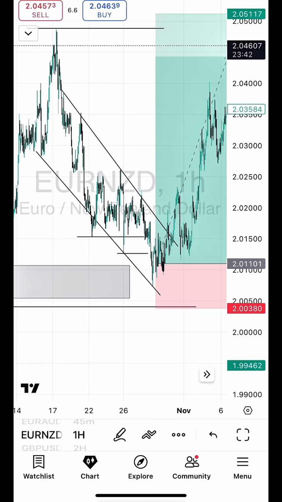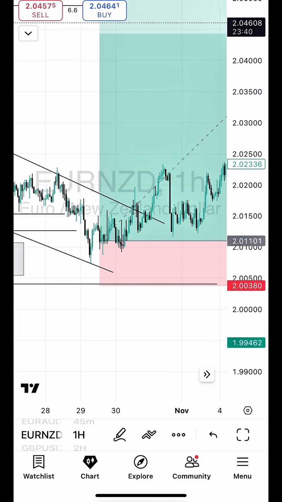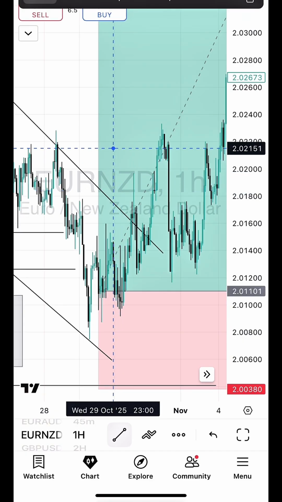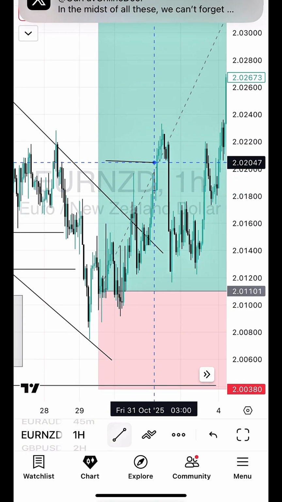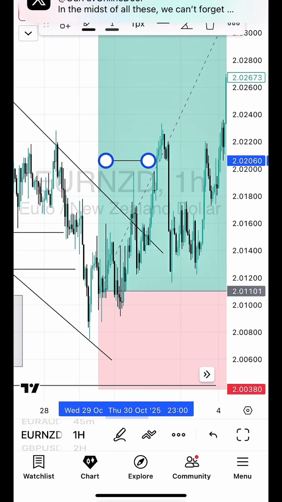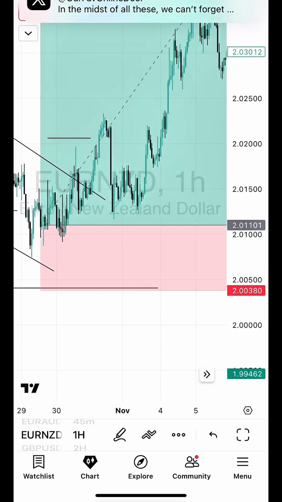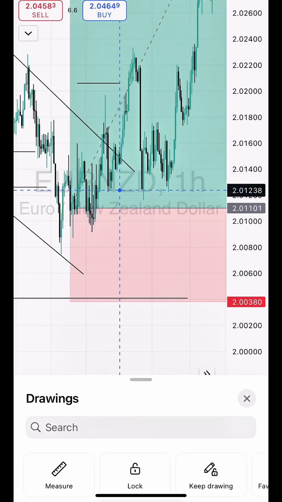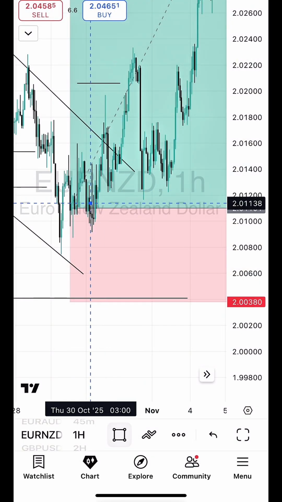So here, after we have that, I now saw a break of structure around this place. This was a break of structure, and we had our entry around here. This was our entry position.